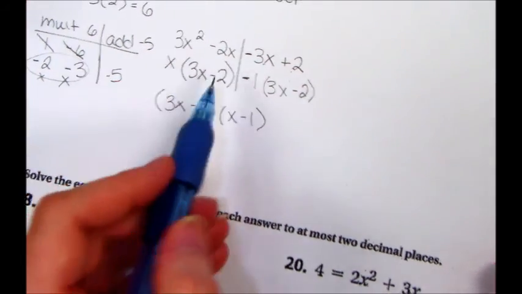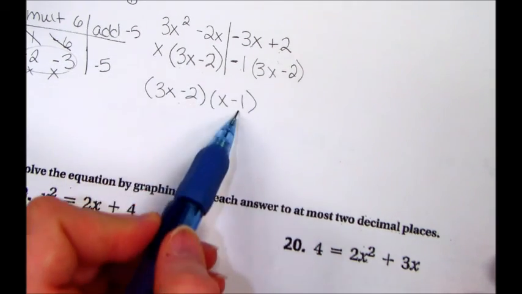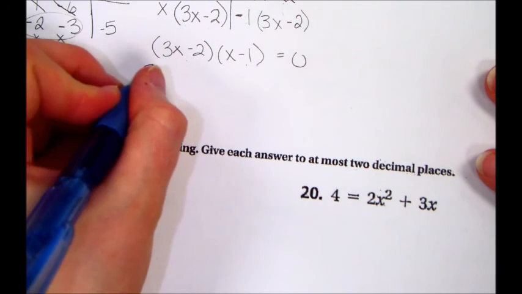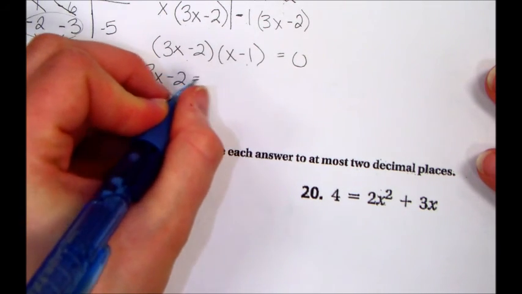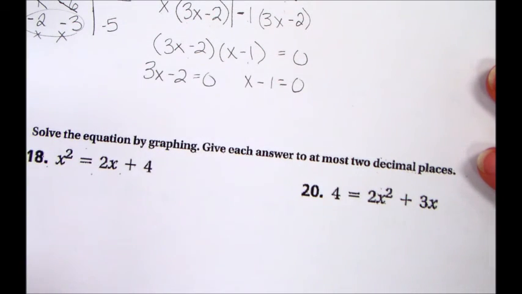Write the factored form like we did on the front page. 3x minus 2 plops out and x minus 1 goes in the back. But remember, these directions say solve. So you have to take each of those parentheses and you've got one more step. Set each equal to 0 and solve.